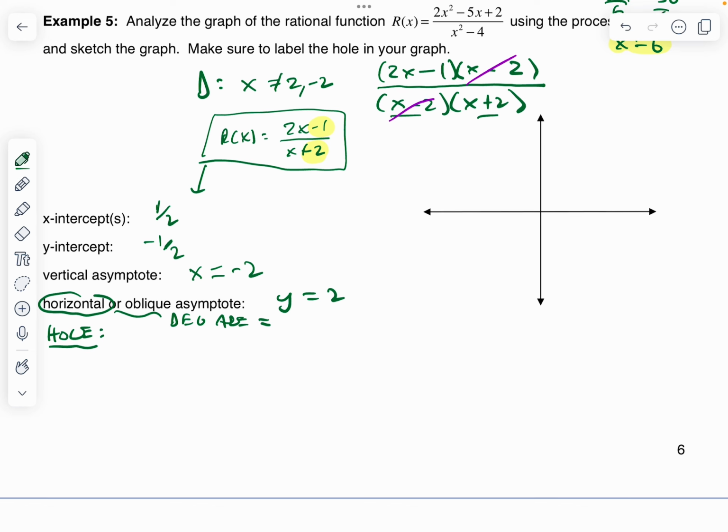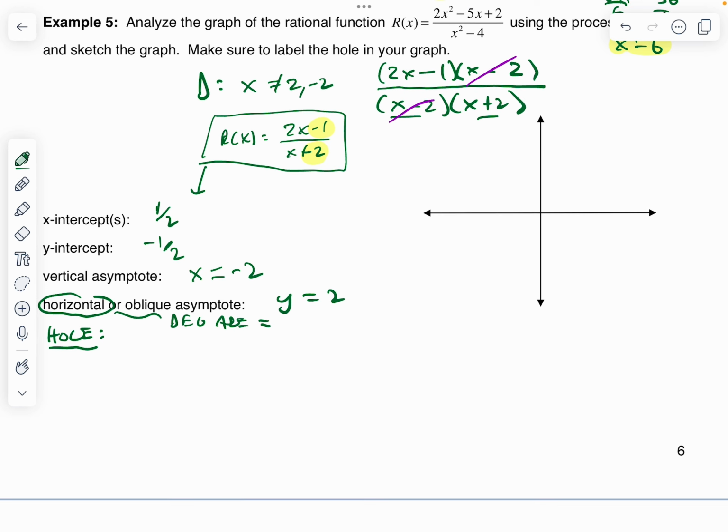Now here's where this hole comes from, okay? At the very beginning, we always find the domain based off the original equation. We know that x cannot equal, in addition to this vertical asymptote of -2, x does not equal 2 is what we essentially kind of ignored for a second, right? Because we crossed those out and we eliminated those.